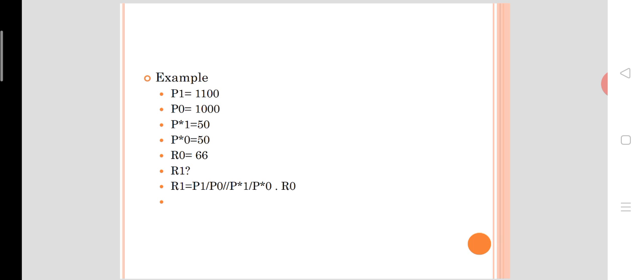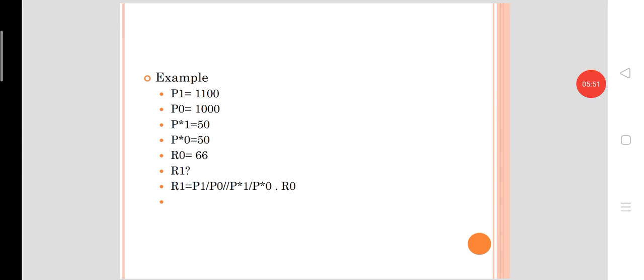So there is no change in the price level of the foreign economy, but there is a change in the price level in the domestic economy, and R0 here is 66. As per the equation, we have to calculate the change in exchange rate, considering the change in price level in both domestic and foreign economies.